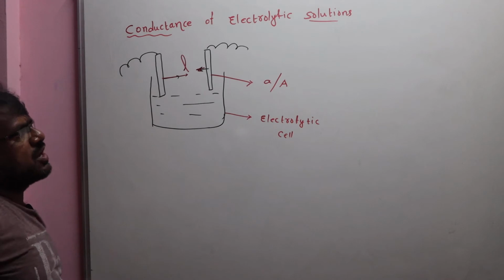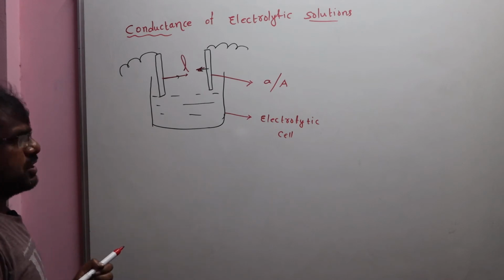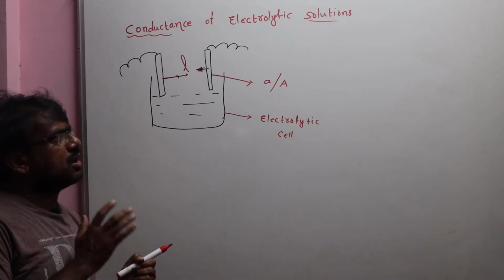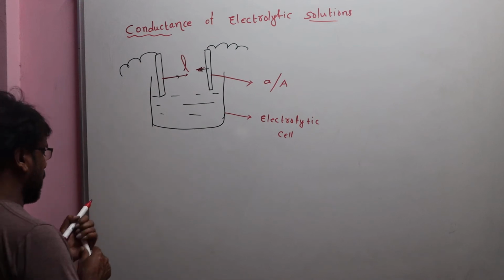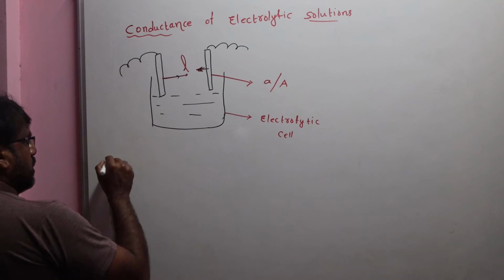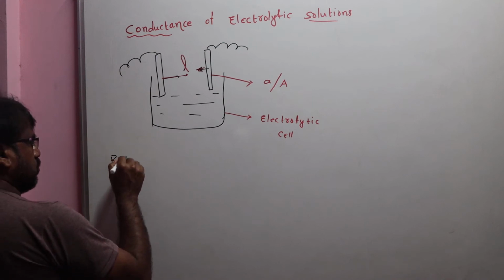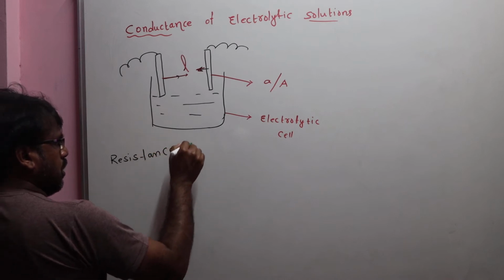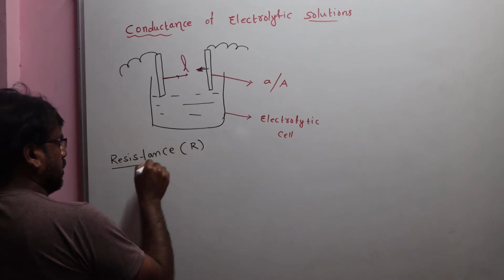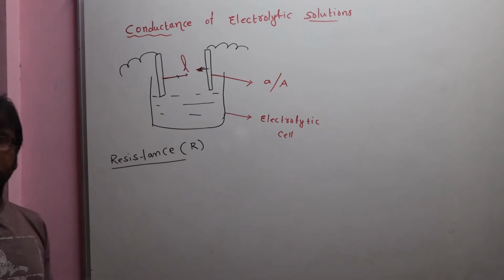Now, the important terminology in conductance of electrolytic solutions. The first one is resistance, R. What is the resistance R?